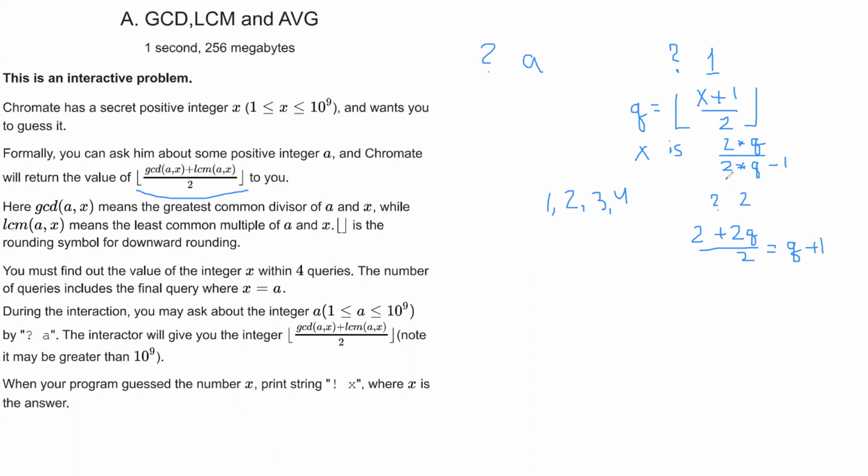And if it is an odd number, then you get 1 plus 2 times this number, so it will be 4q minus 2 divided by 2. So it is (4q minus 1) divided by 2, or 2q minus 1. As you see, the numbers are different, and now you can get what the answer is from that.